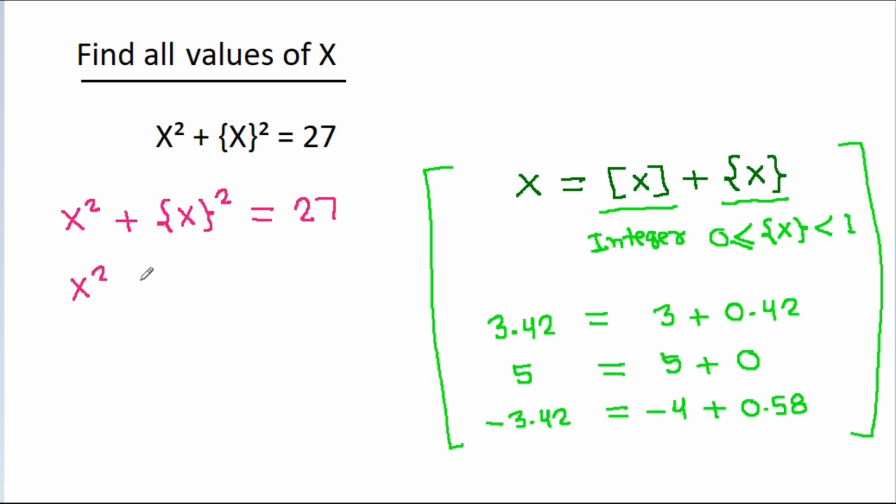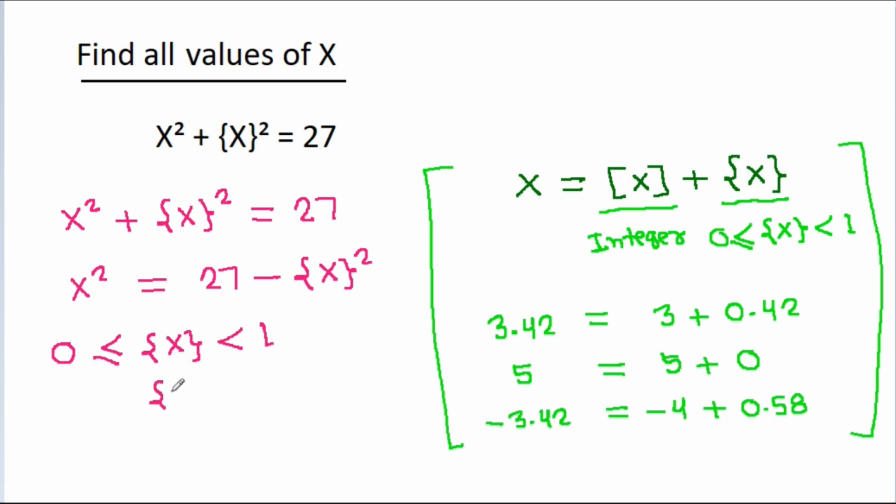So x² will be equal to 27 minus the fractional part of x², and the fractional part of x² will be less than 1 and greater than or equal to 0.